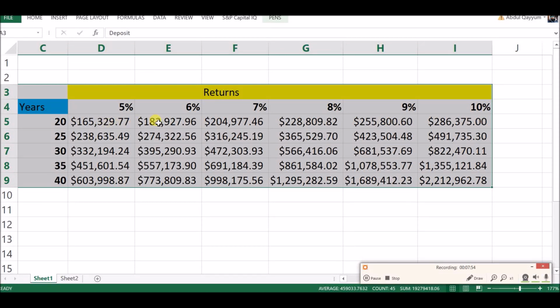If we get 6%, it will increase to $183,927. And if we get 7% returns, then it will be $204,977.46. You can see from this table that if the interest rate or the returns increase, our terminal wealth grows. If the time period increases at the same return rates, our terminal wealth again grows.